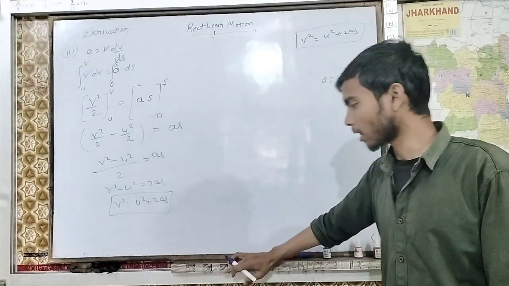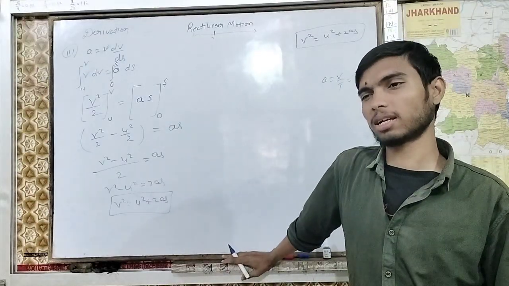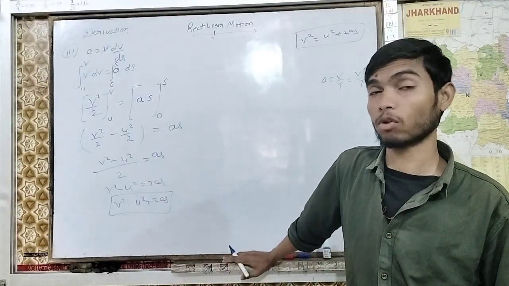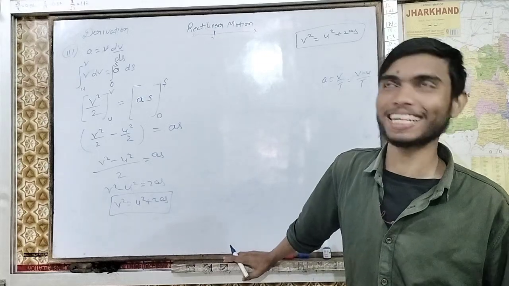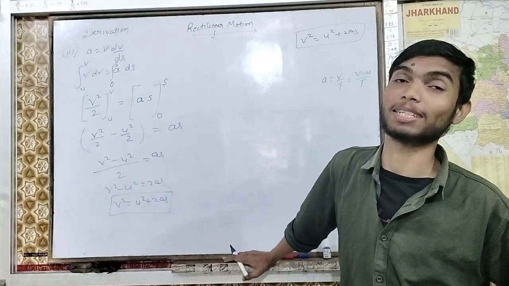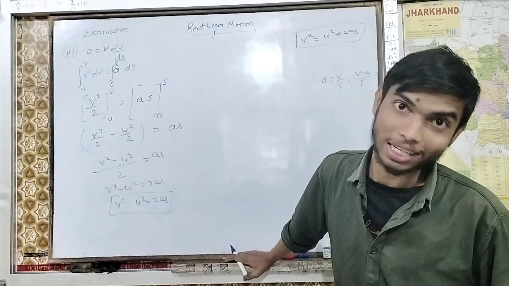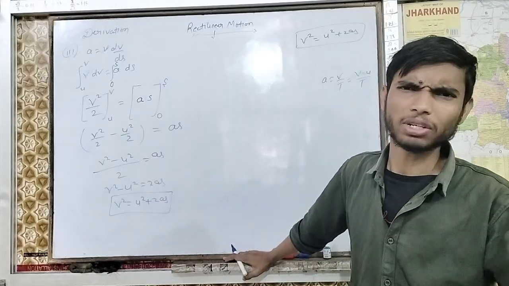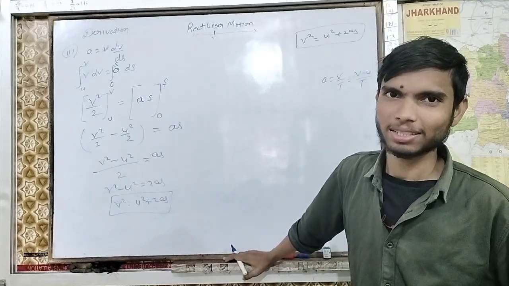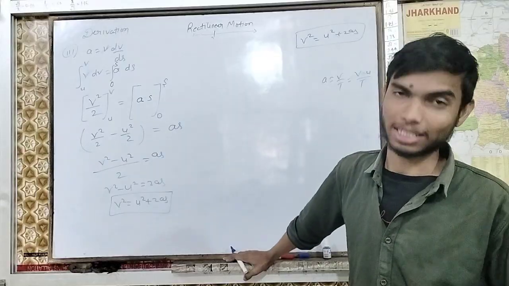Okay, we were saying how to remember. v = u + at is the first, and the second is for the displacement: s = ut + ½at², where there is no v.